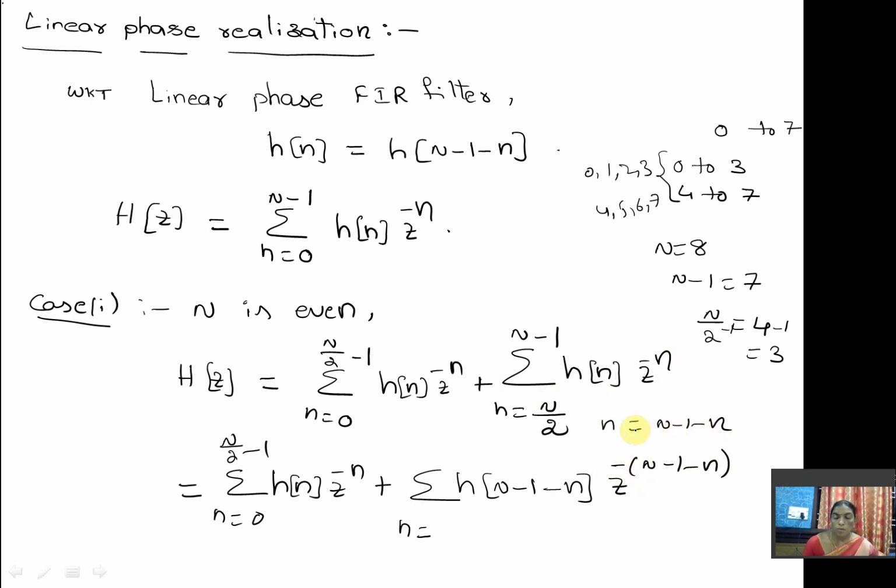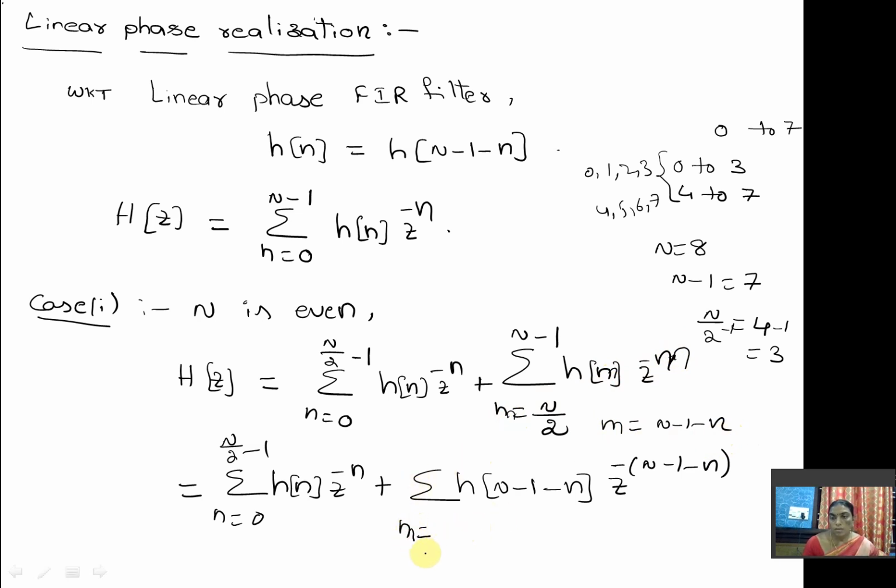If you may be confused by placing this N minus 1 minus n in terms of n, just convert it into another variable m. Here is m, here also m. Now assign m equals N minus 1 minus n. Now consider the range of the m variable.